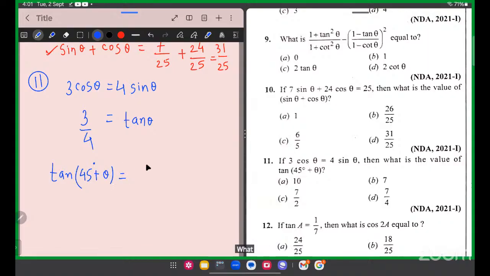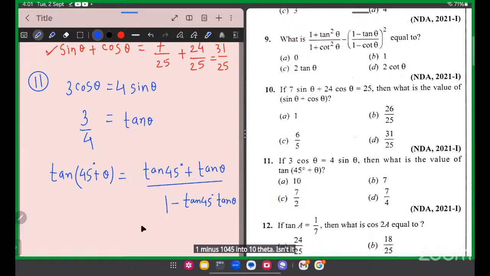What is tan A plus B? Tan A plus tan B divided by 1 minus tan A tan B. So 1 minus tan 45 into tan theta. What is tan 45? 1. What is tan theta?